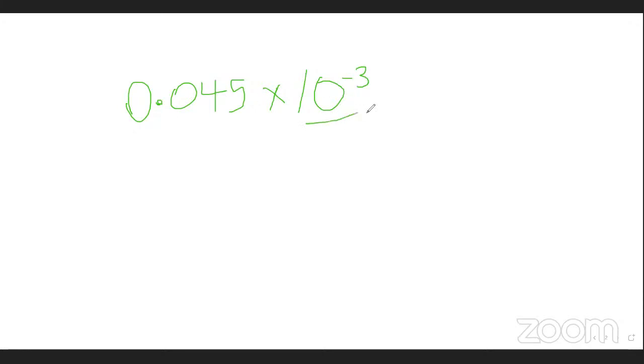Because she sees 10 to the negative 3, she says, we need to move this decimal point 3 places to the left, because negative means that the number is going to get smaller. So she just moves it 1, 2, 3 places to the left. Now the decimal point is no longer here, but it is there. So we fill these slots with 0.